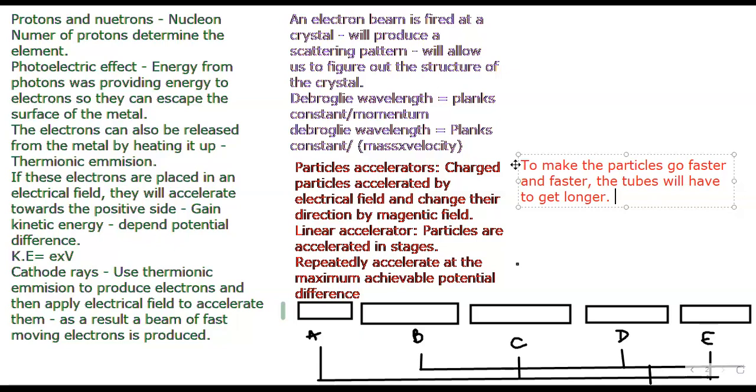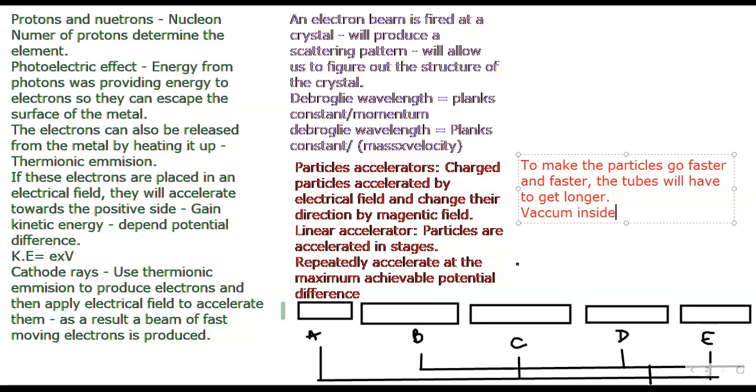Now, this entire structure has to be in a vacuum because we cannot afford to have air particles. If air particles are present inside my accelerator, my electrons will collide with them, and I cannot have that. So it has to be done in a vacuum.